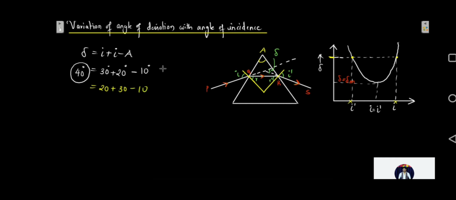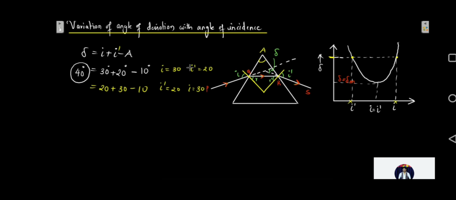That means what? Here I was 30, I dash was 20. Here I made I dash 20, and I made I 30. I just interchanged I and I dash.